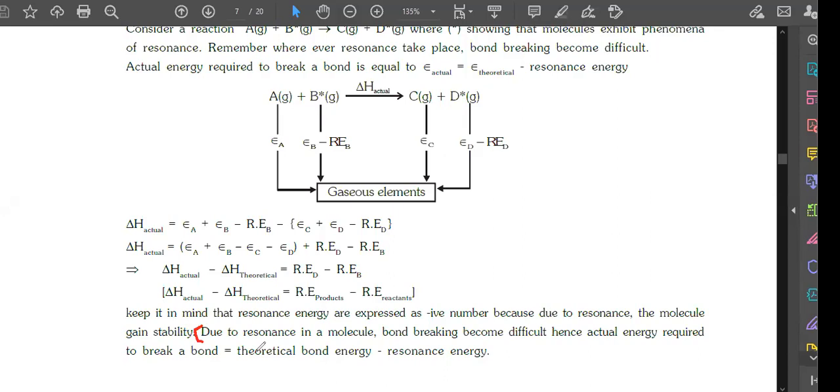If energy decreases, then the actual energy will be less than the theoretical bond energy. Yes or no? Logically think about this. That's why it is theoretical bond energy minus resonance energy. Okay, everyone?